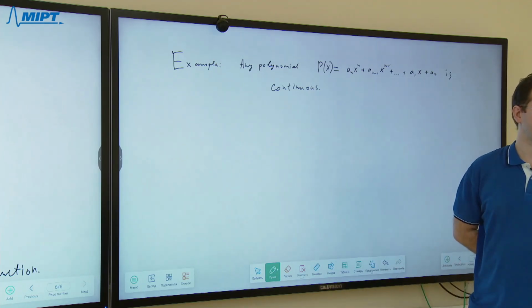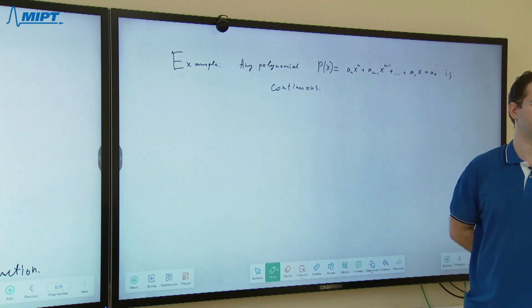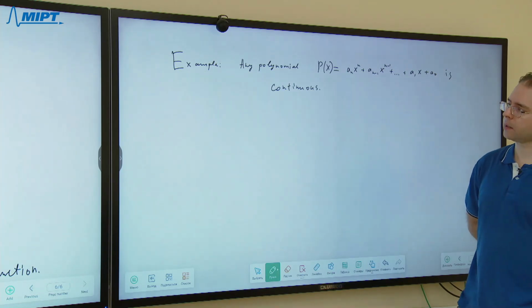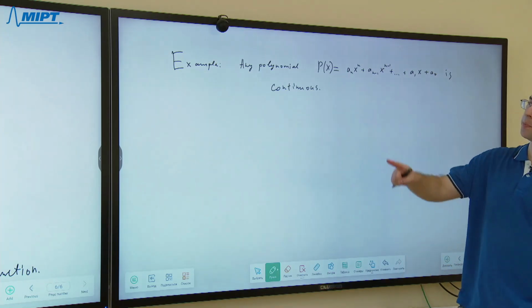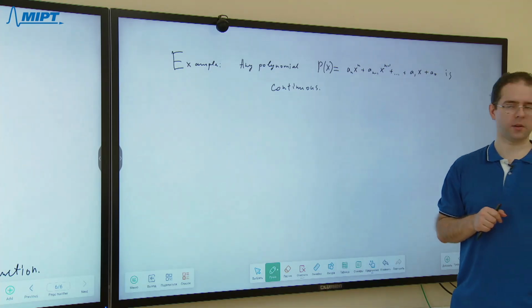Proof. We mentioned it before, we can easily enough check that a function f of x equals x is continuous by applying the product rule from one of the previous theorems.